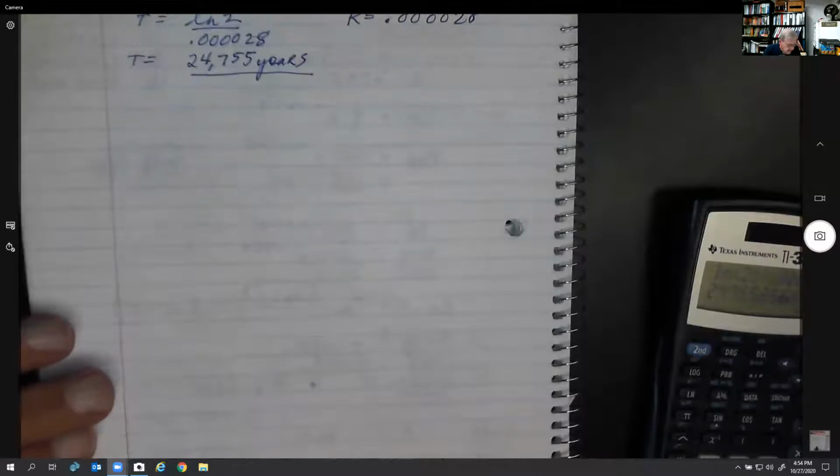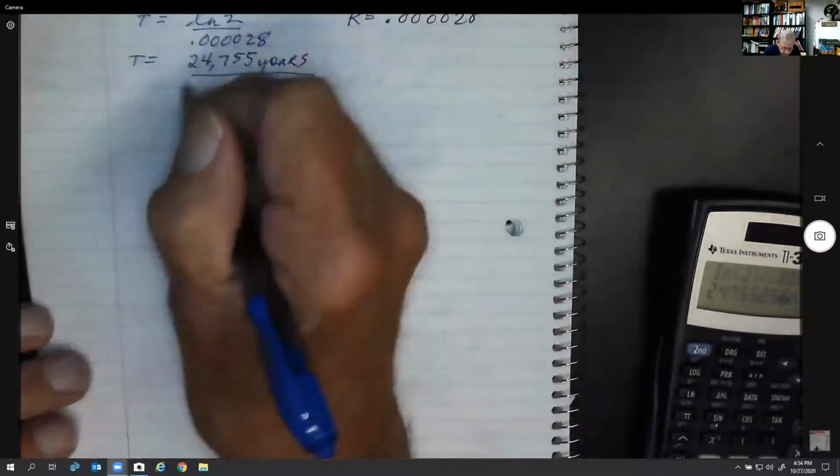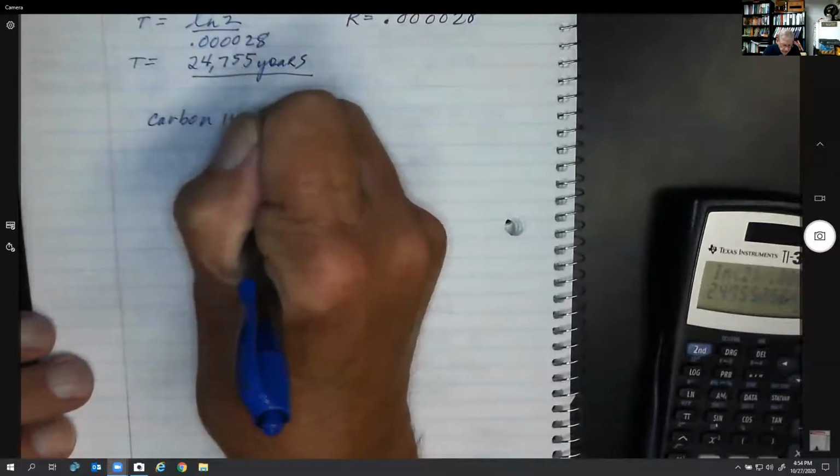Okay, the last one we're going to do, which is really confusing here, but we'll try to give it a shot. It says sometimes we use carbon dating. You probably have heard of carbon-14 dating to determine how old something is.